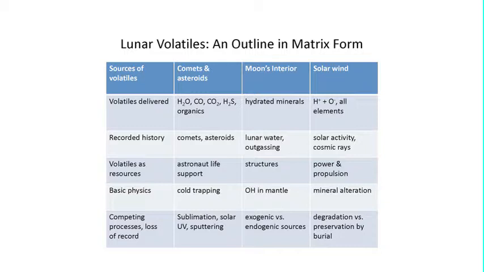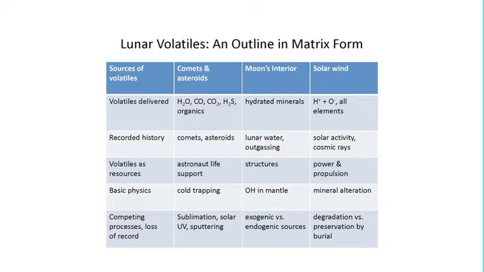Let's go down this column, which is the subject of volatiles delivered by comets and asteroids, and what kind of volatiles are delivered. If we could sample the ices at the poles, we would be learning about the composition of comets and asteroids and maybe their rate of impact.